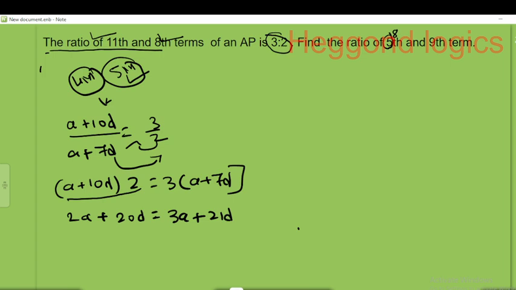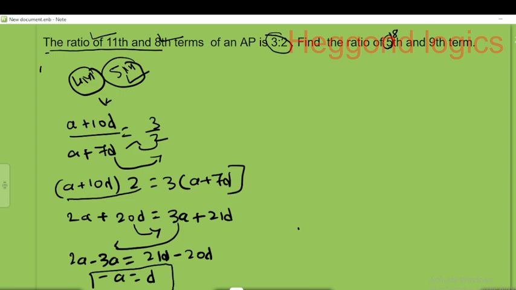And after that you have to transfer the 20d to this side and 3a transfer to this side. 2a minus 3a is equal to 21d minus 20d, then minus a is equal to d.